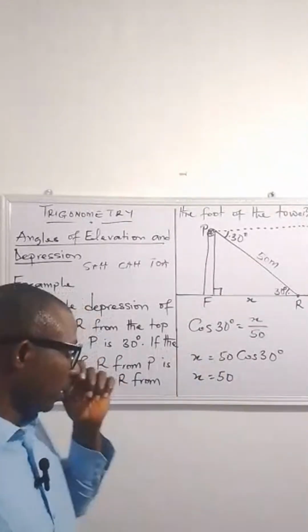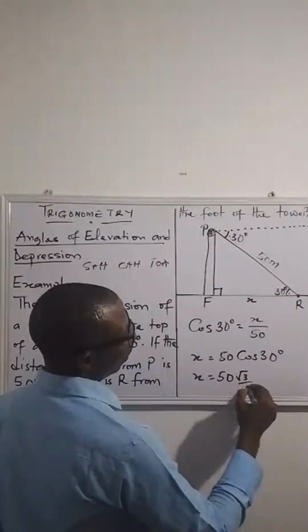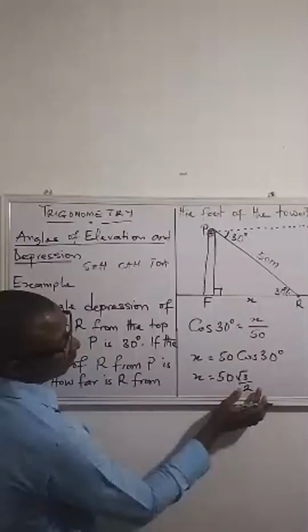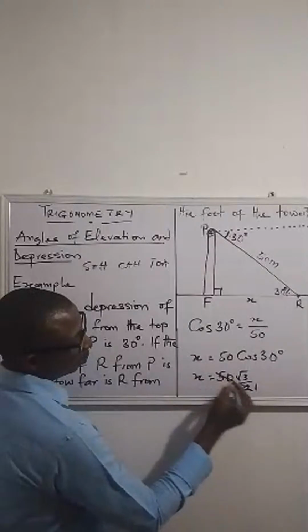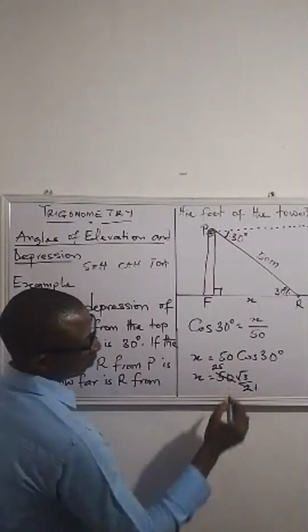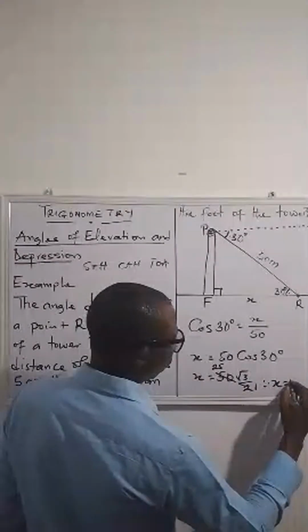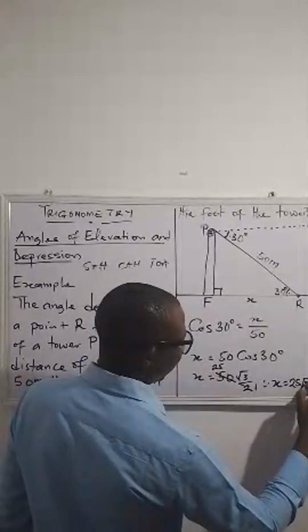All right. Now, cos 30 is square root of 3 over 2. So now this is multiplying this. 2 goes into 50, 25 times. So that means the answer is x equals 25 square root of 3 meters.